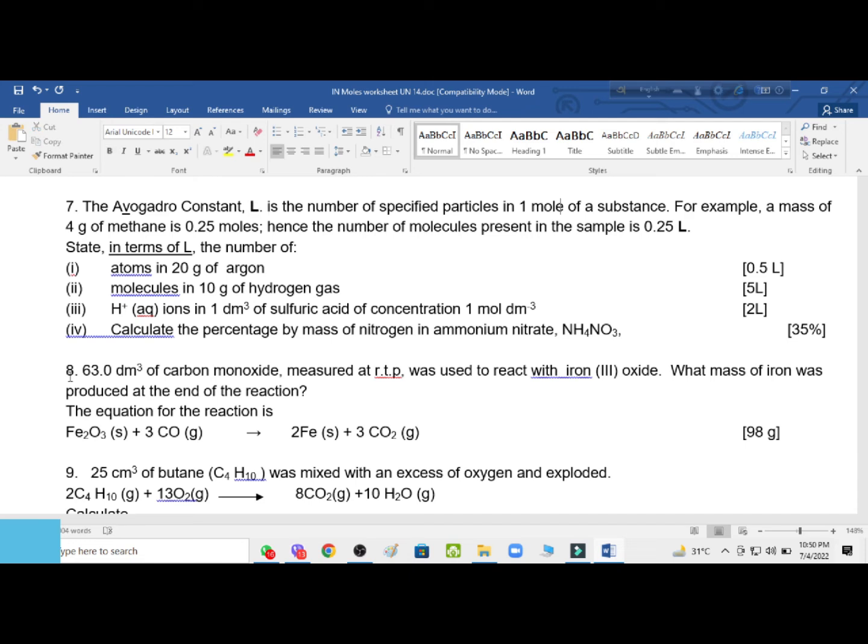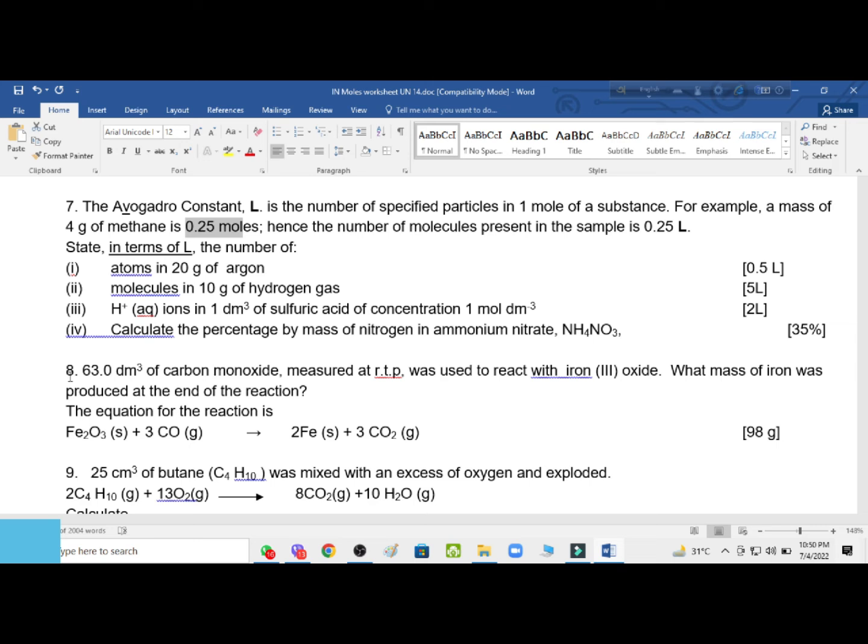This is the simple fact. For example, a mass of 4 gram methane is this mole. So if you have mass, you can convert into mole, and hence the number of molecules. Listen carefully. If you have number of moles, can you convert this into number of molecules?